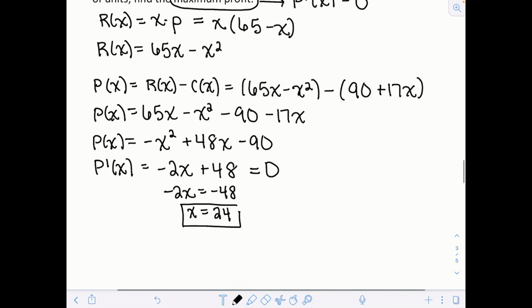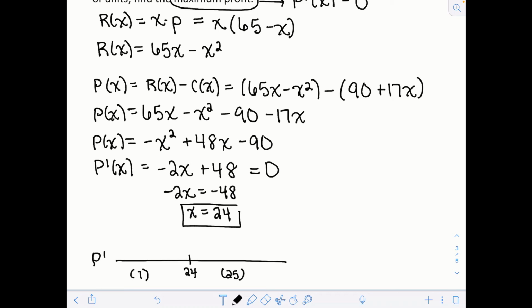In this case we're only given one critical number, so we can assume it's going to be the maximum, but to double check you could always draw a number line, just like what we had done in the previous problem. Let's say we put 1 here, 25 here, and you'd plug it into that derivative function to see if it's positive or negative. In this case we'd want it to go from positive to negative.